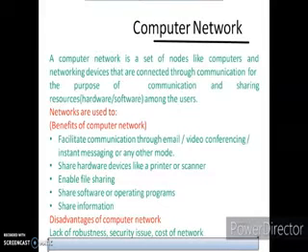So it is one of the methods that we have. The second method is to share hardware devices like a printer or scanner. Printers are a good example because printers are shared.